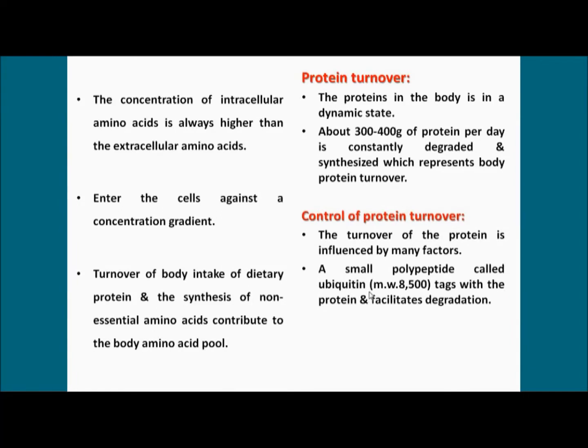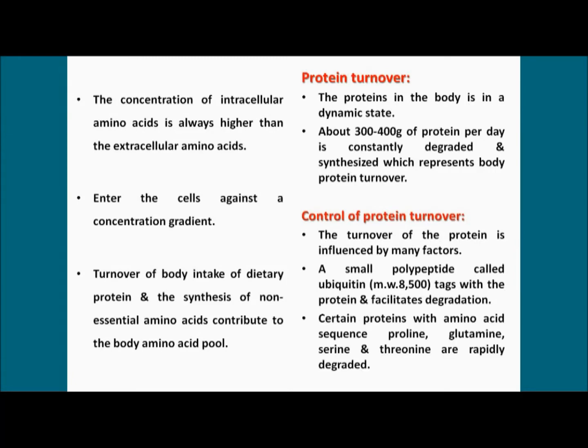Thus, ubiquitin is responsible for the degradation of proteins, right? Moreover, certain proteins with amino acid sequences like proline, glutamine, serine and threonine are rapidly degraded in the human body. I repeat, proline, glutamine, serine and threonine are those classes of amino acids which get easily degraded in the human body.